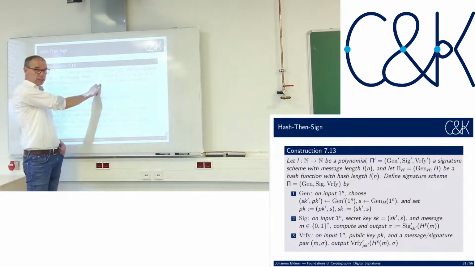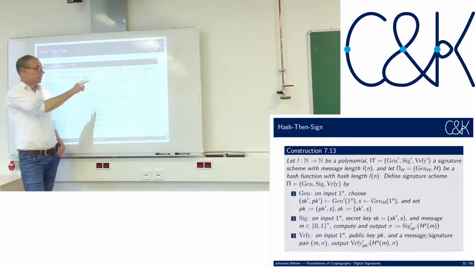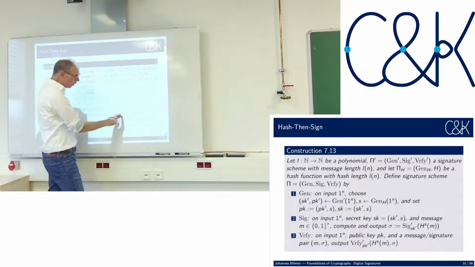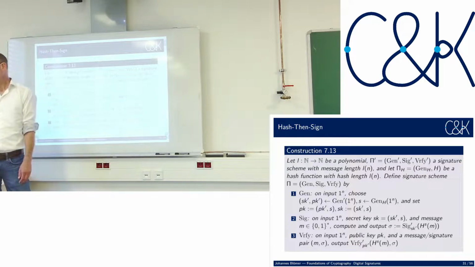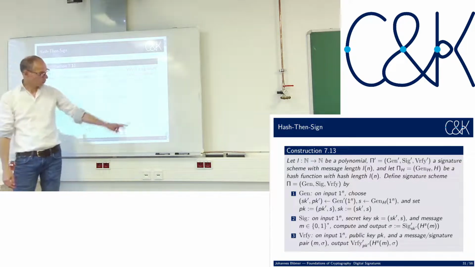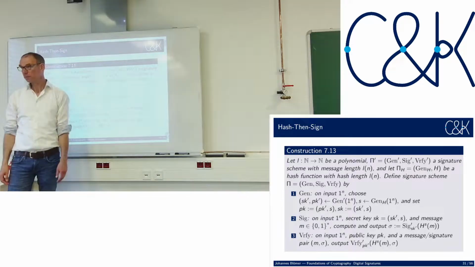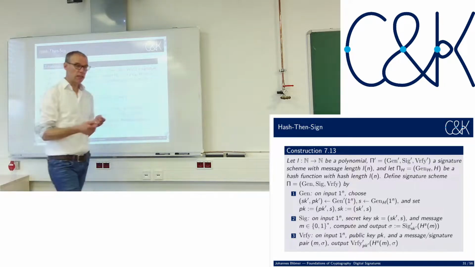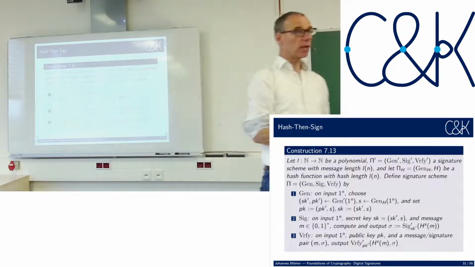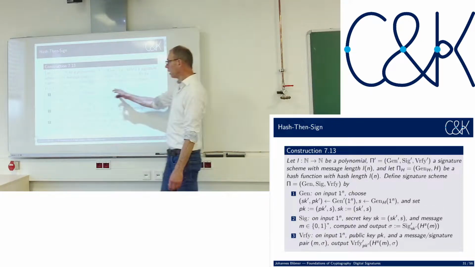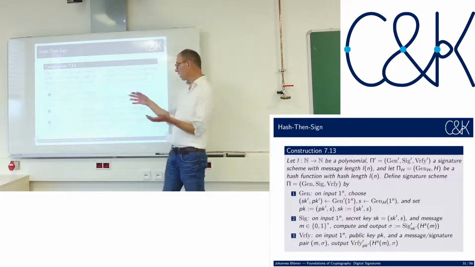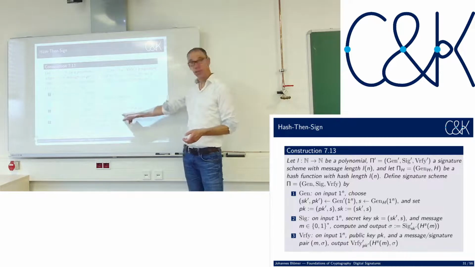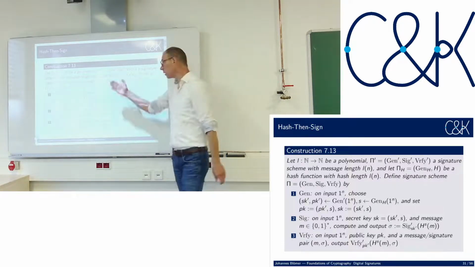That by definition has length L of n, and since the message length of our original signature scheme is L of n as well, we can now use our signing algorithm sig prime with the key sk prime to sign the hash value. And that is our signature. So instead of signing the message directly, we've signed the hash value of the message. And here you see why we need these two lengths to be the same, so that they fit together. The output length of the hash must be the input length of the signing algorithm. And this requirement guarantees that.